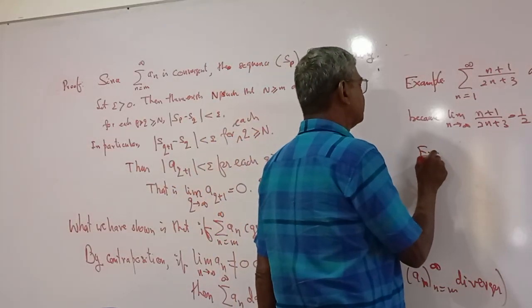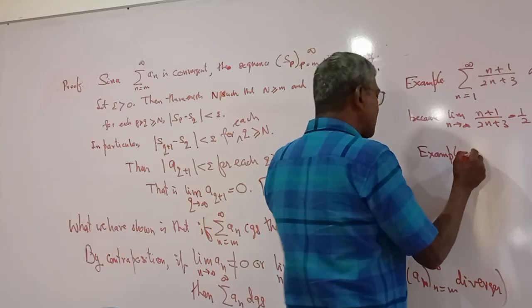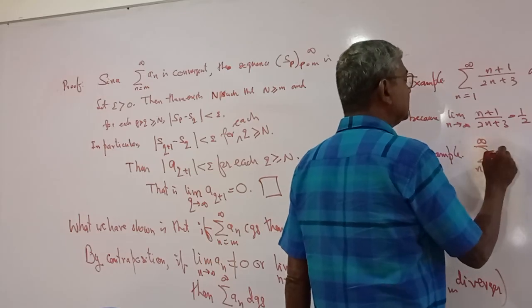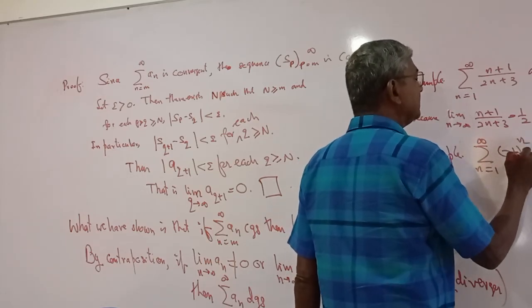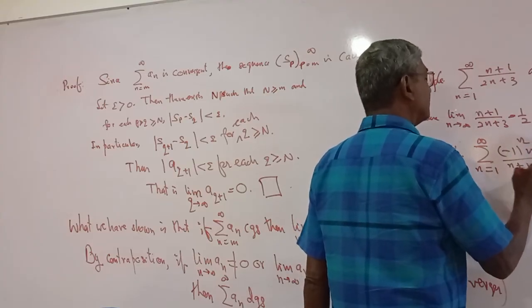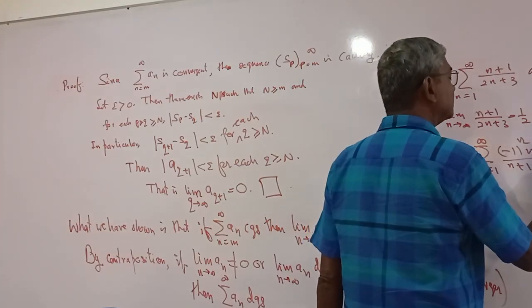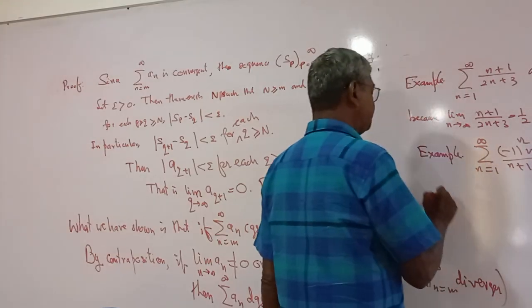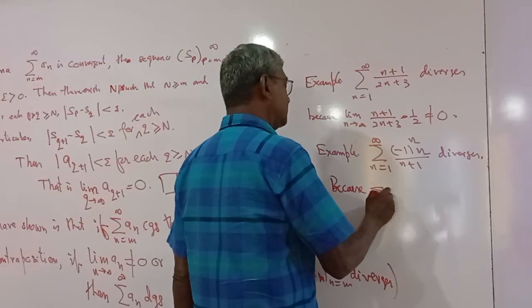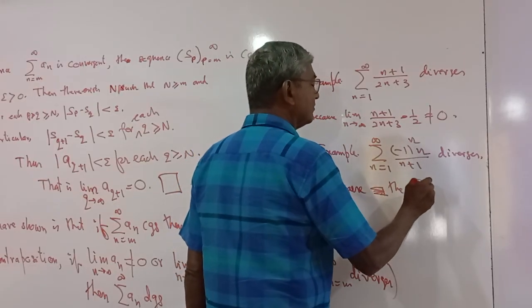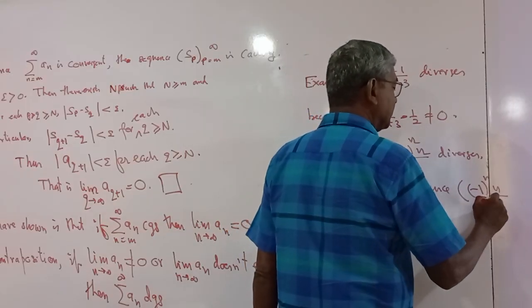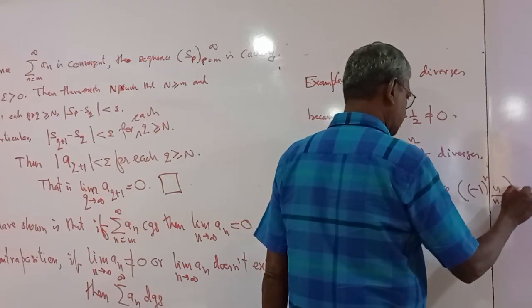One more example. Sigma n going from 1 to infinity of minus 1 to the n times n over n plus 1 diverges because the sequence, excuse me, minus 1 to the n times n over n plus 1 diverges.